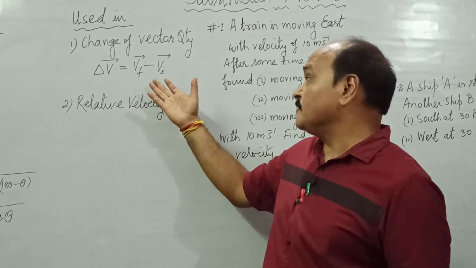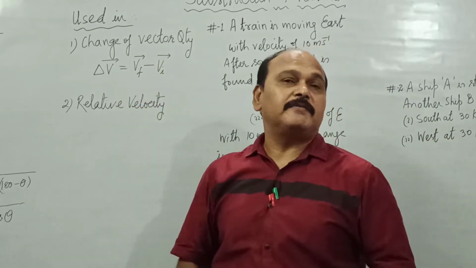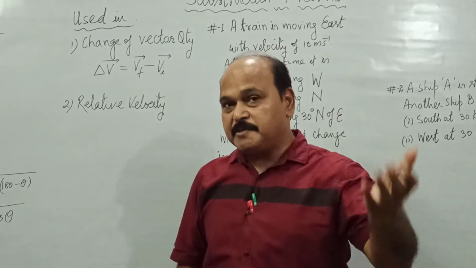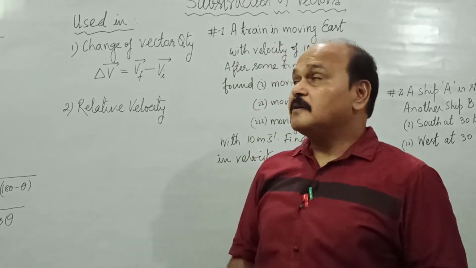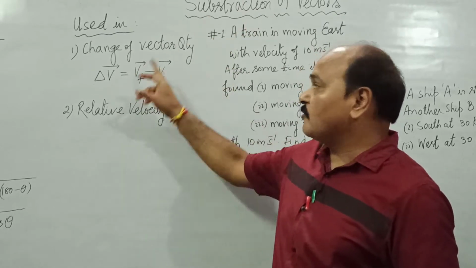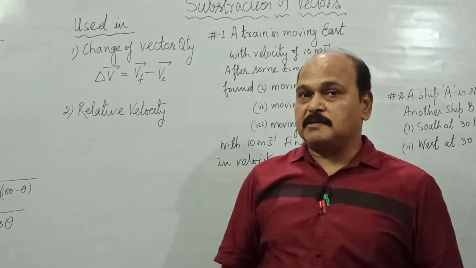This may not be the difference of velocity always, it may be the difference of any vector quantity. It may be change of acceleration, change of force, change of momentum, or change of displacement. So to be able to find out the change of any vector quantity, we use vector subtraction.